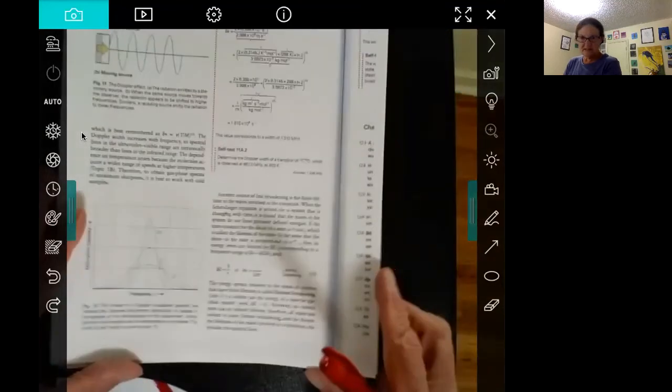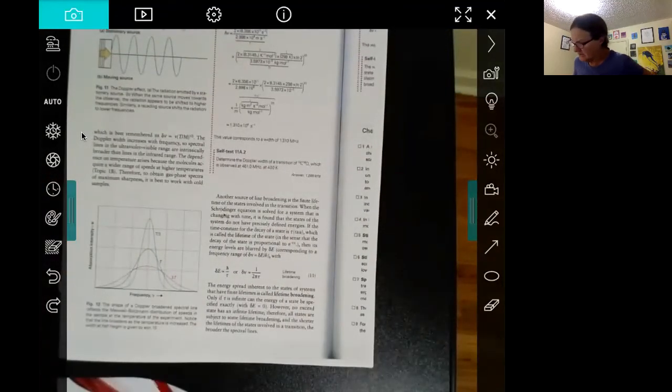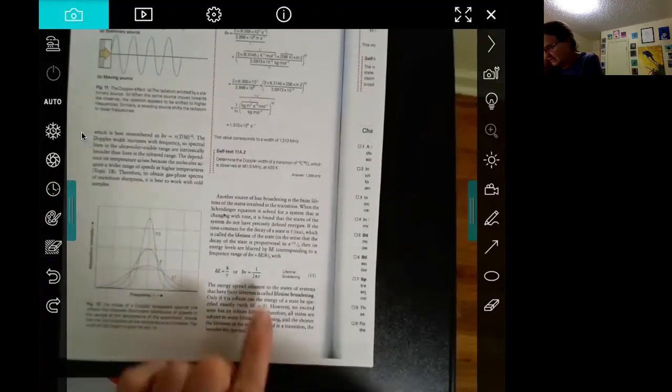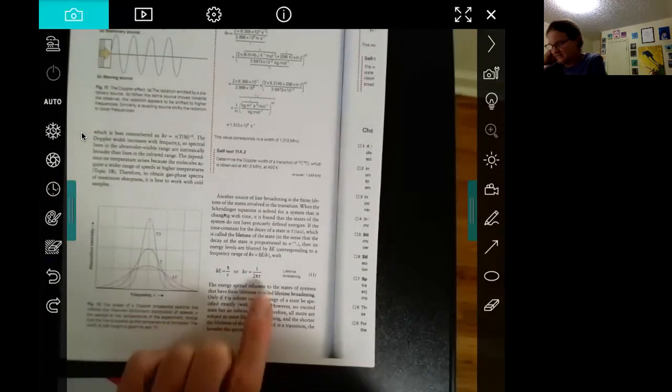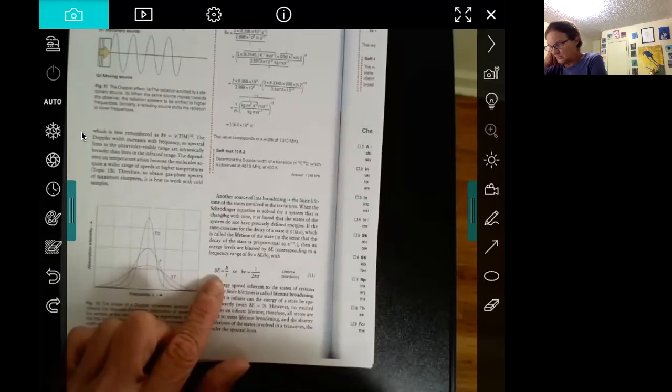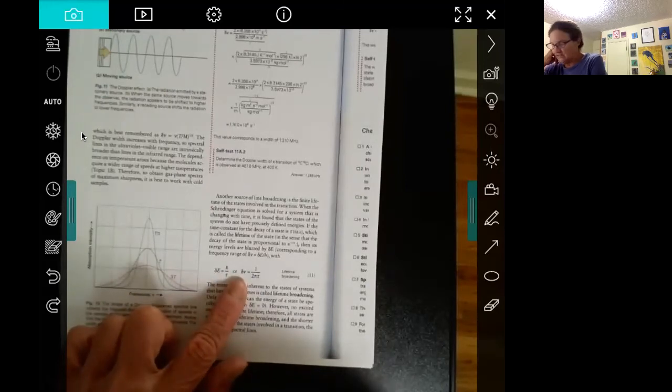The other reason why the line width is broadened in a spectroscopic transition is because of the lifetime of a state. We know that, for example, when an electron goes up in energy, as we saw at the start of this, there's spontaneous emission. Excited states spontaneously come back to ground state. And depending on the lifetime of that state, that's going to broaden the frequency of your peaks.